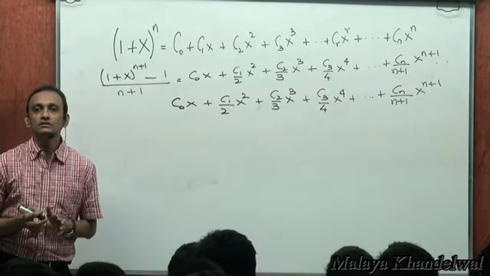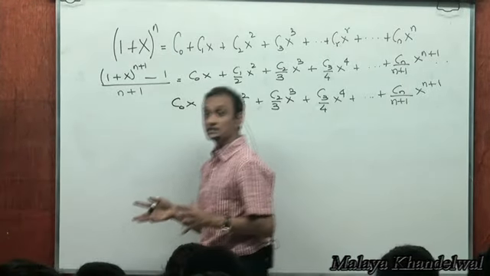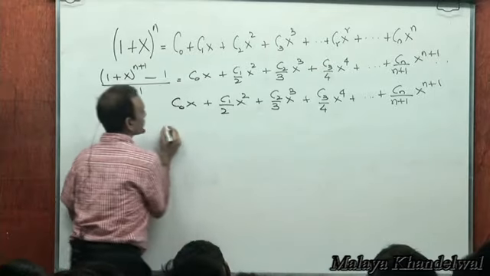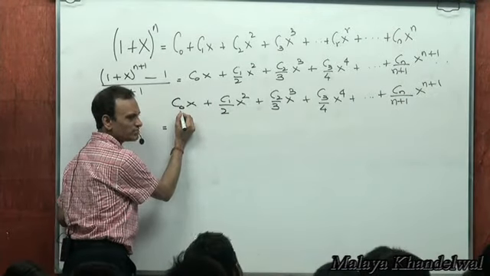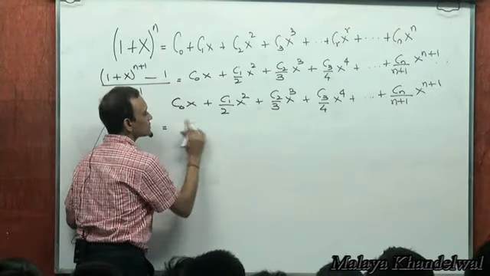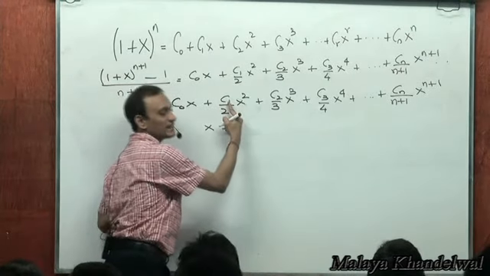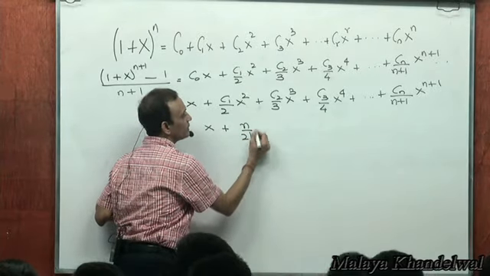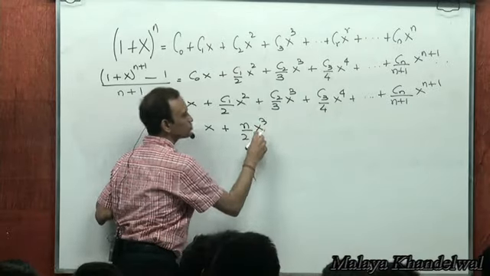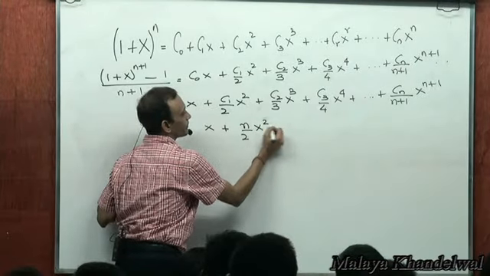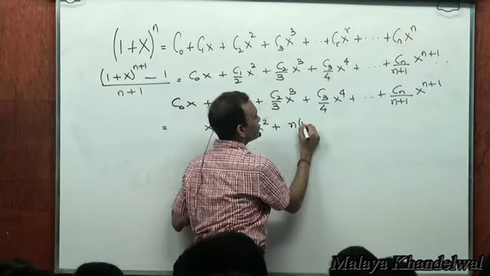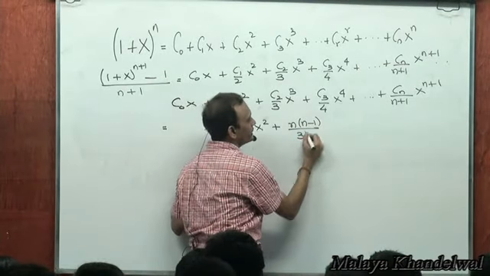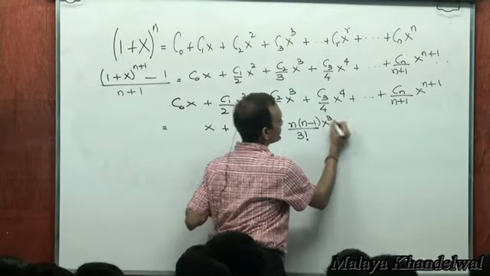Let me write this in raw format. C0 is 1, so x. C1 is n, so n by 2 factorial x squared. C2 is n into n minus 1 by 2 factorial; 2 factorial into 3 would be 3 factorial, x cubed.